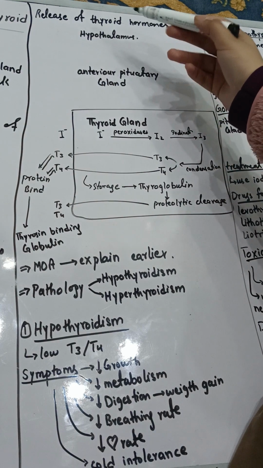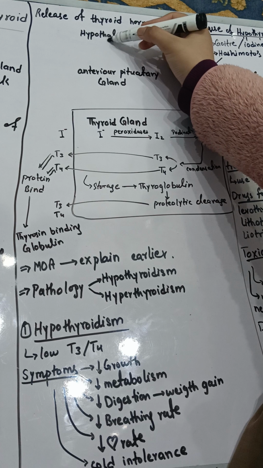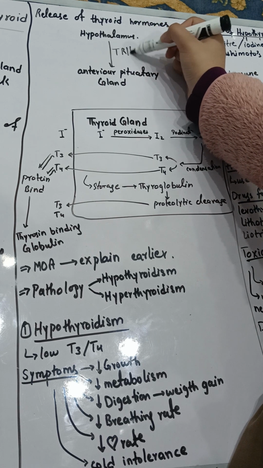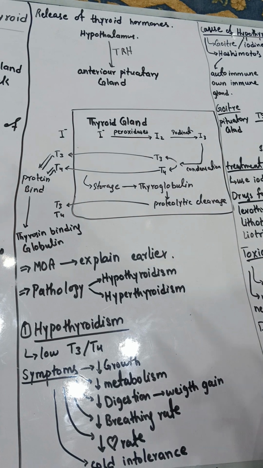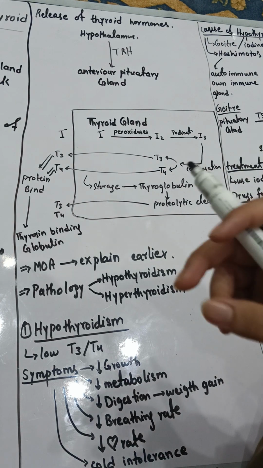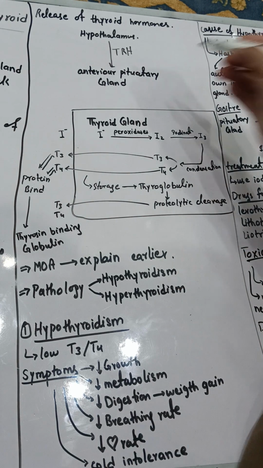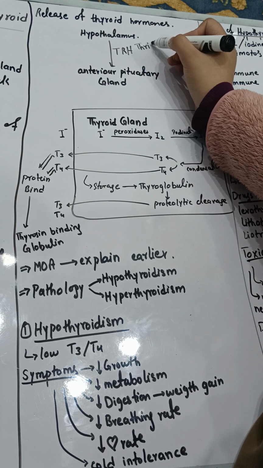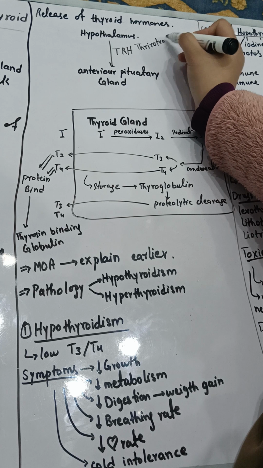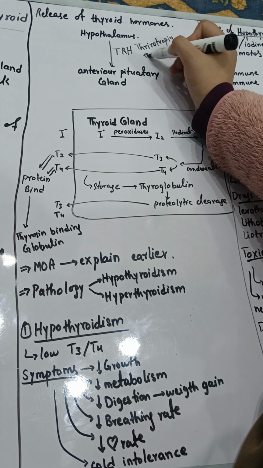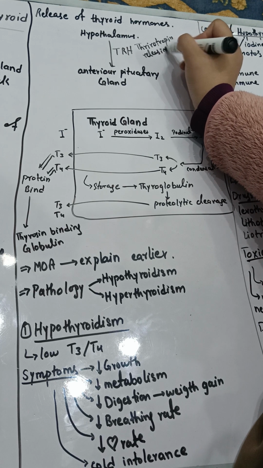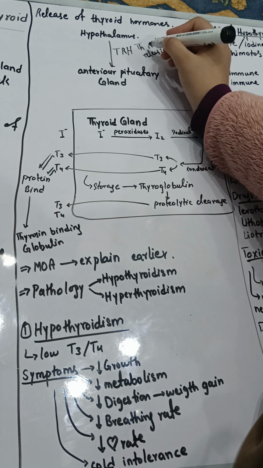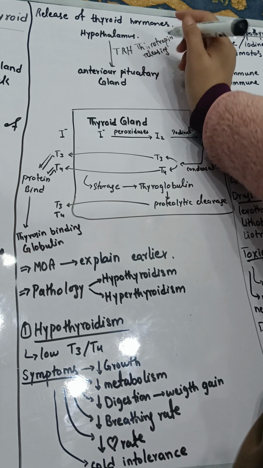The hypothalamus releases TRH. What is TRH? This is the thyrotropin releasing hormone.